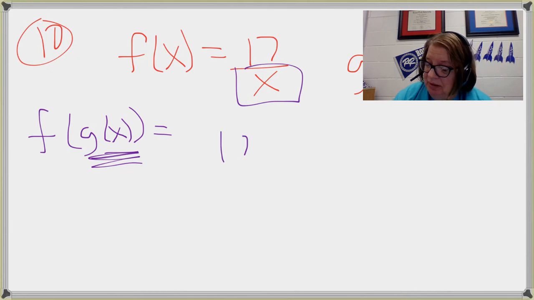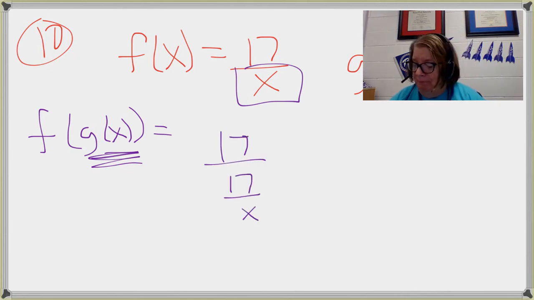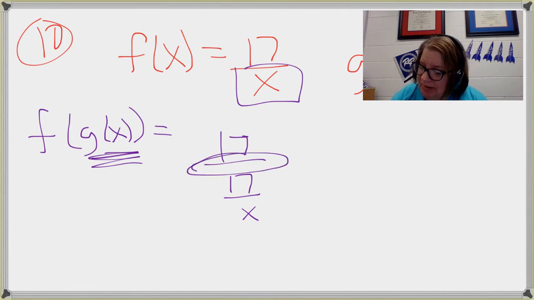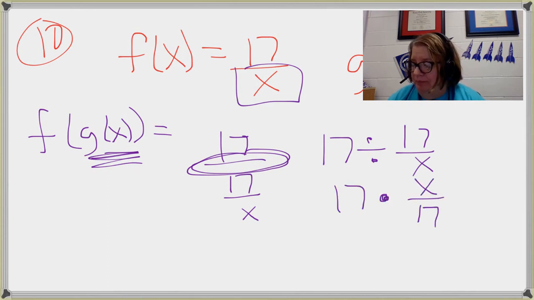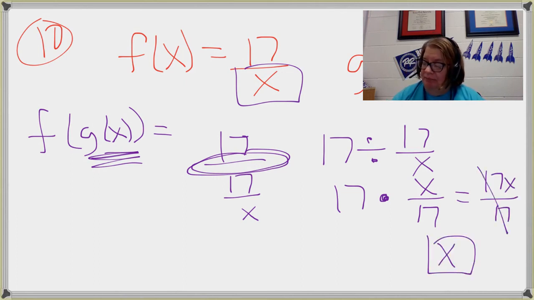So I have 17 divided by x. Oh, divided by. That means divided by. Seems like we learned something about dividing fractions as keep, change, flip. And everything cancels but the x.